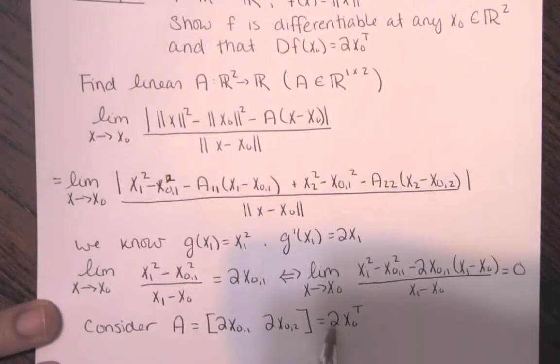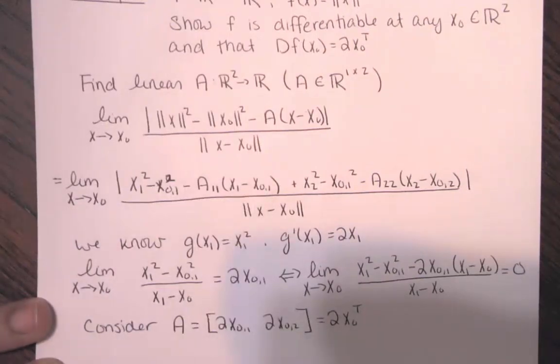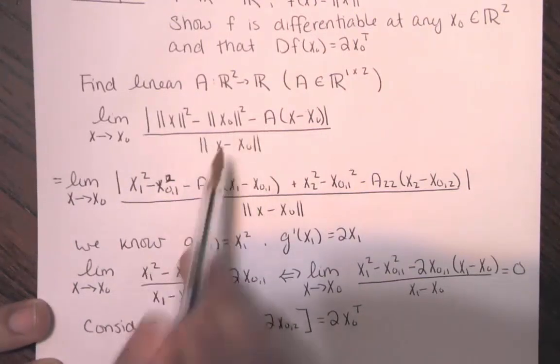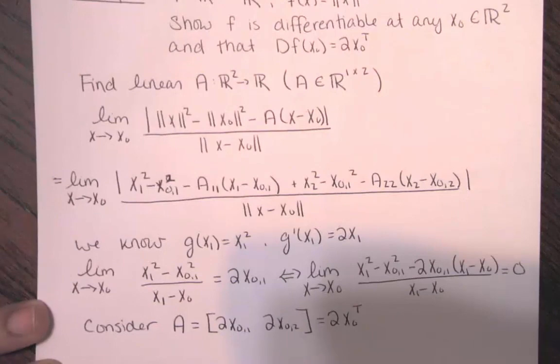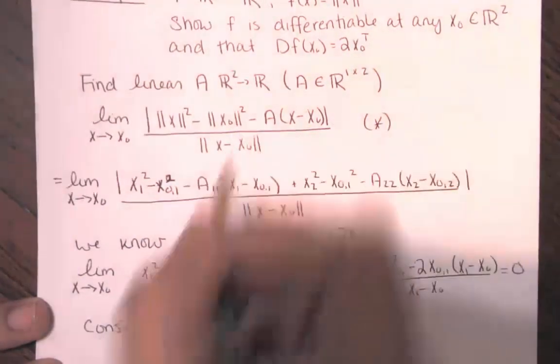So now let's take this representation of A and plug it into our limit equation here to determine whether this is equal to 0. So let's continue this.